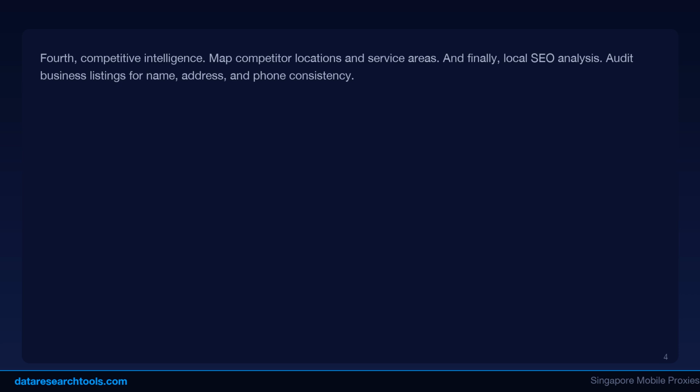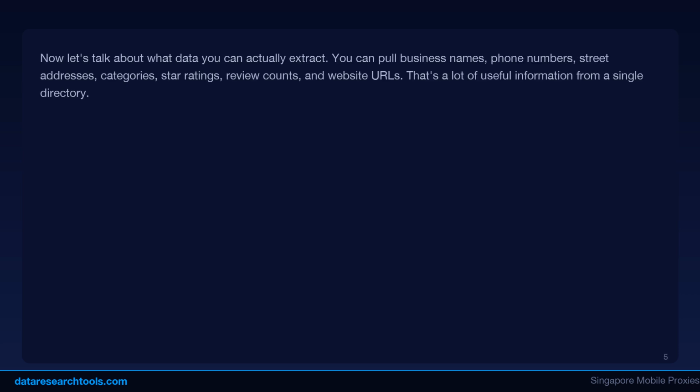Let's shift gears and discuss how Backconnect Proxy explained works. At its core, Backconnect Proxy explained operates by intercepting outbound HTTP or HTTPS requests and routing them through an intermediary server. This process involves several key components. First, request interception. Your application sends a request, which is captured by the proxy client or configuration layer.